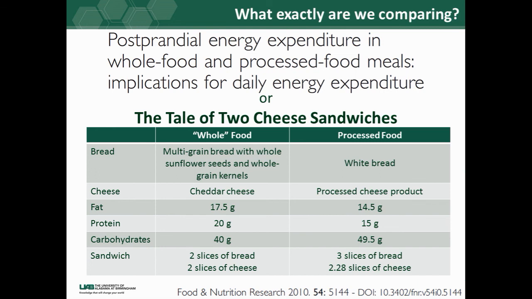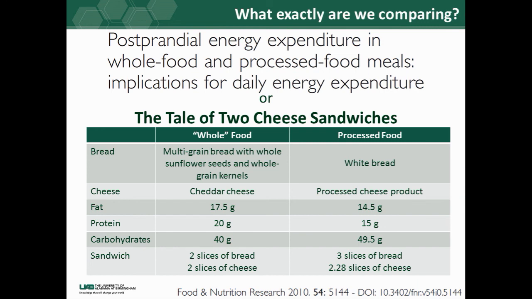So to give a little example of what they did in this study, they showed that for the whole food group, they used bread that was multigrain bread with whole sunflower seeds and whole grain kernels versus a processed food of white bread. So some people have argued that even the whole grain bread is going to be a processed food. So now we've got issues with the definition, right?